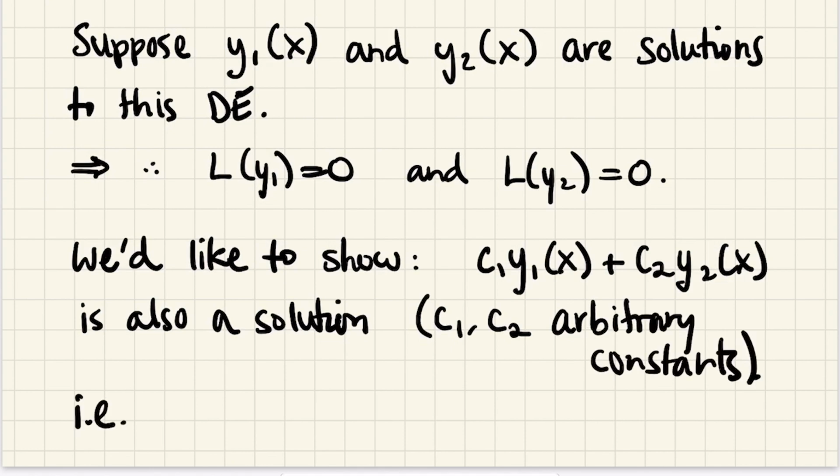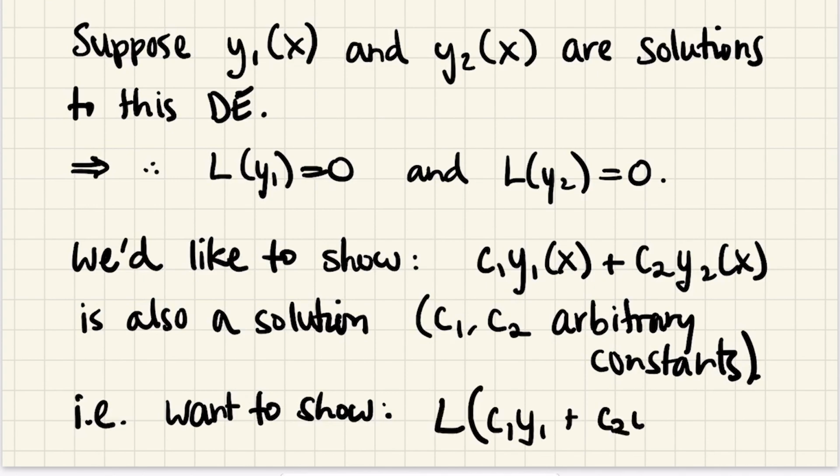In other words, we'd like to show that L of c1y1 plus c2y2 is equal to 0, meaning that if you replace y with c1y1 plus c2y2, you will still get 0 on the right-hand side.